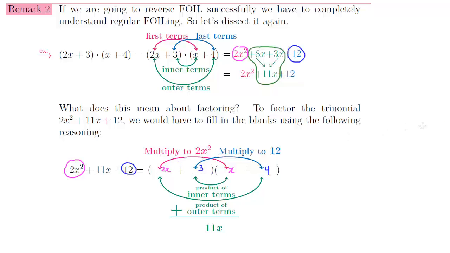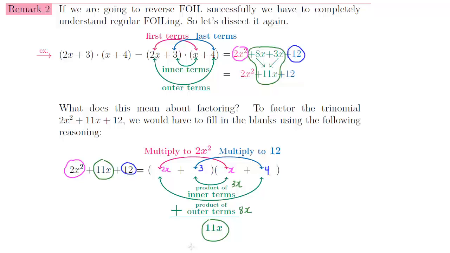That's all well and good, but we have to make sure now that the inner terms and the outer terms add up to this 11x. So after you fill in your blanks using the 2x squared to come up with 2x and x, and using the 12 to come up with 3 and 4, you have to check and make sure that when you multiply the inner terms, 3x, and when you multiply the outer terms, 8x, that adds up to your middle term of the polynomial you're trying to factor, 11x.